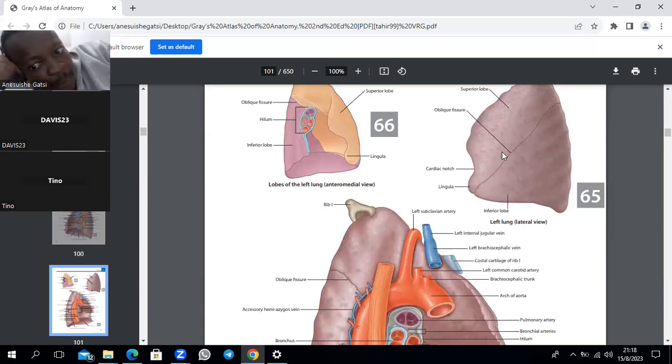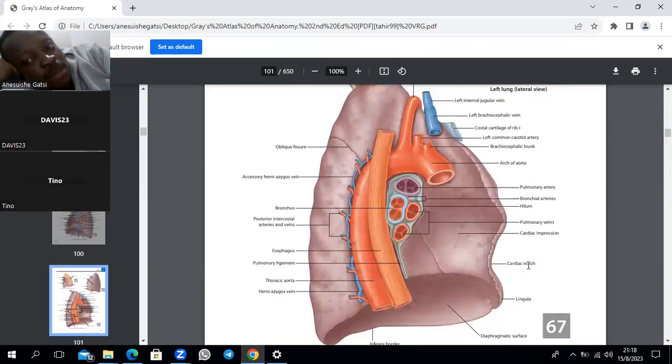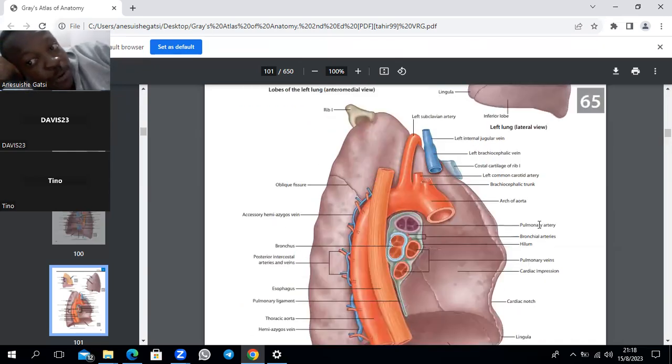There's no horizontal fissure for the left lung. There's only that oblique fissure. Then for the right, there are the two fissures. So remember I said over the root of the right lung, there's the arc of the azygous vein. Over the root of the left lung, there's the arc of the aorta.